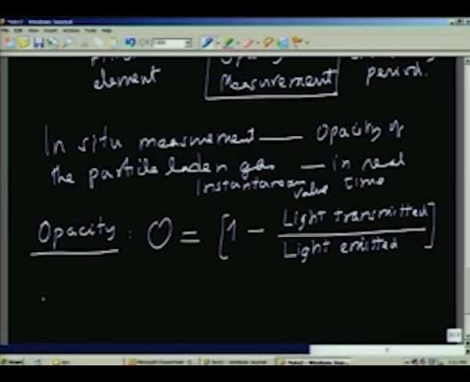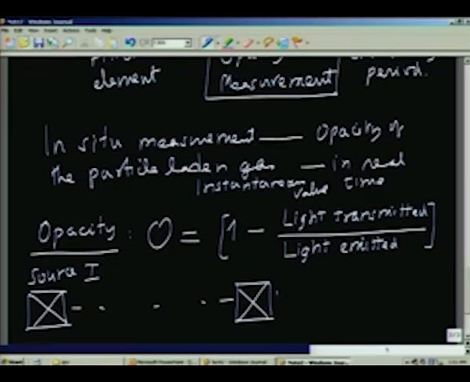What I am thinking of is a source of light here, so let us assume that the intensity of light is I, and I have the receiver here, the photo detector, and the path length is L between the two stations, and what is reaching here is I t.